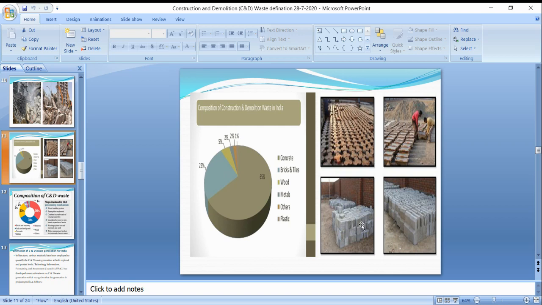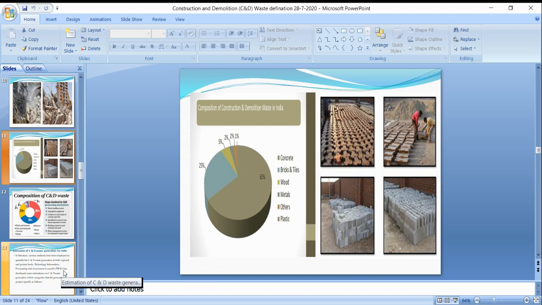But most of the concrete we generally use for sanitary land filling, or at the time of construction we can fill this material at plinth level. At the time of the flooring, from the basement level to the floor level, the plinth level should be filled with soil, so we can use the waste materials which we get at the time of demolition there.